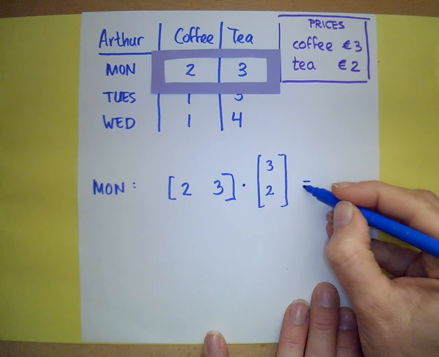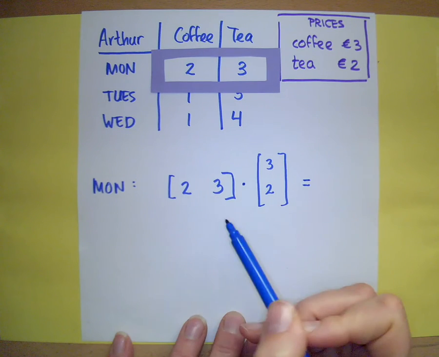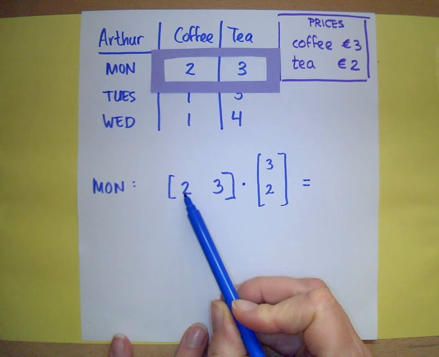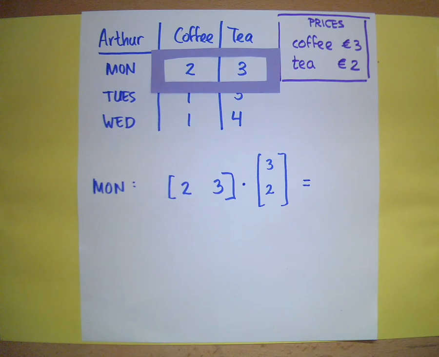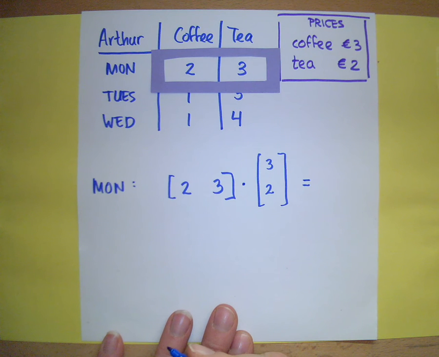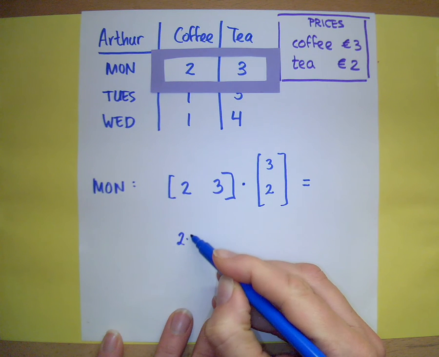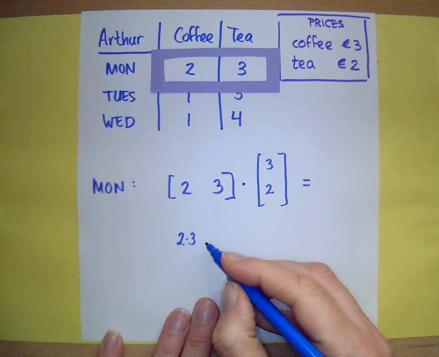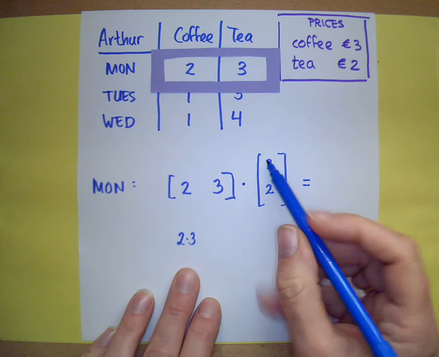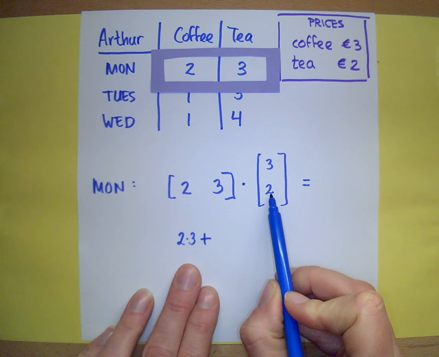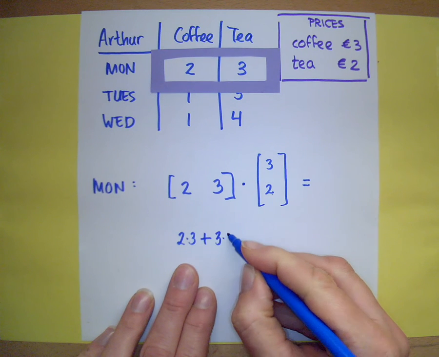And what we do to find the product, see the multiplication sign there, is multiply each term with the corresponding term. 2 times 3 is what he pays for coffee, plus the next term in the row times the next term in the column, 3 times 2.